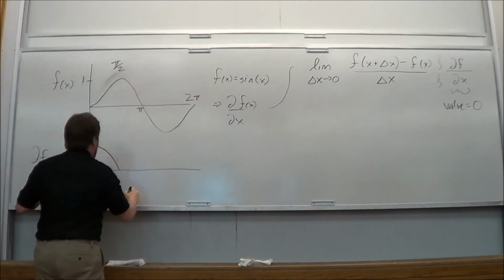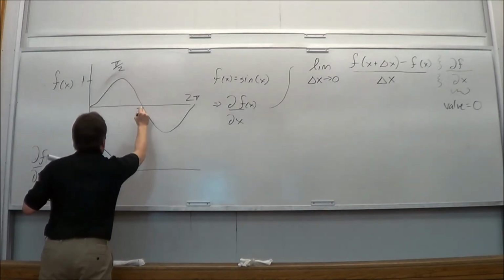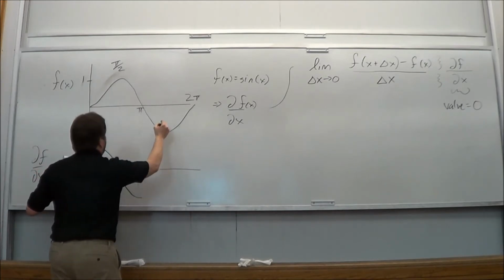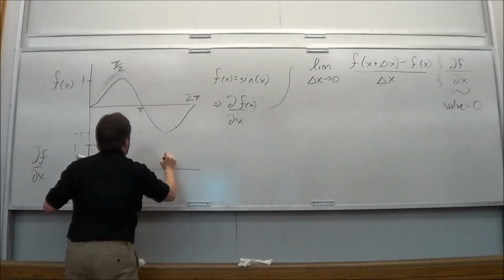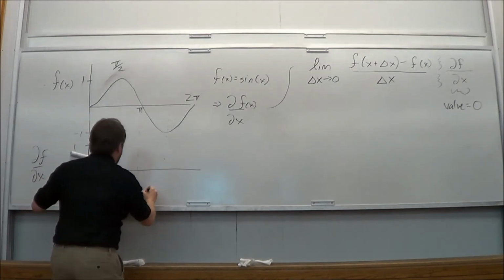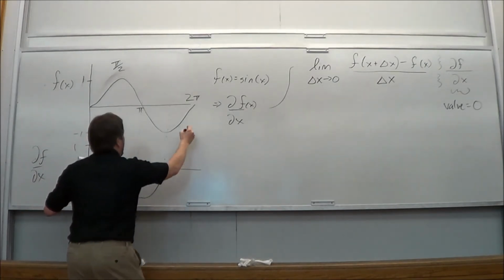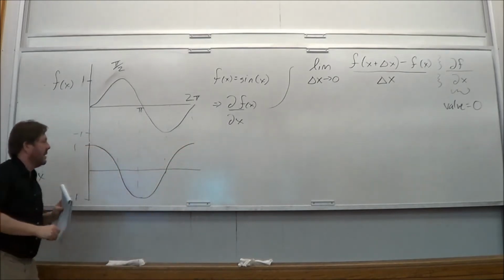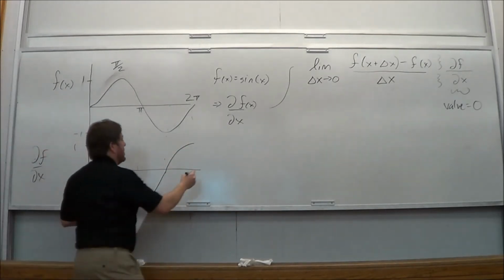Here it's changing a lot, but negatively, and I have to do this to make it line up correctly. It's actually hard for me. And here it is not changing again, and here it's again rising to a maximum. There we go. Okay, literally the definition of cosine.